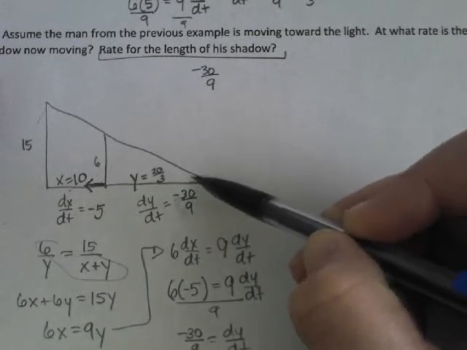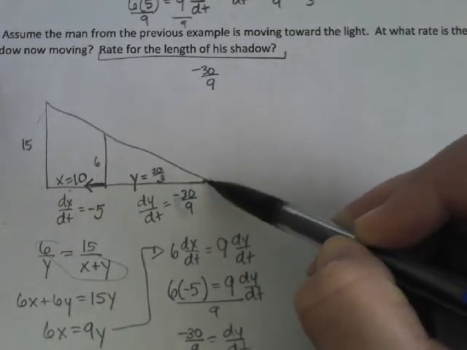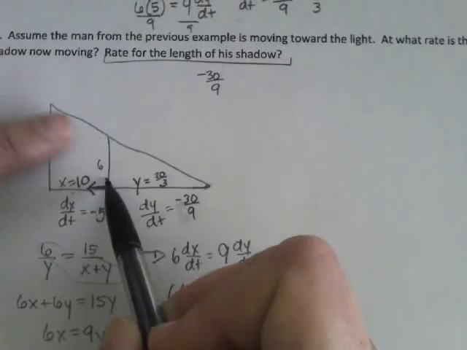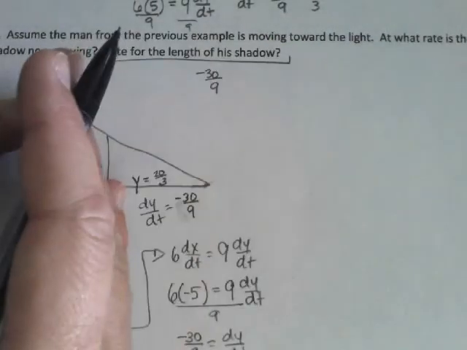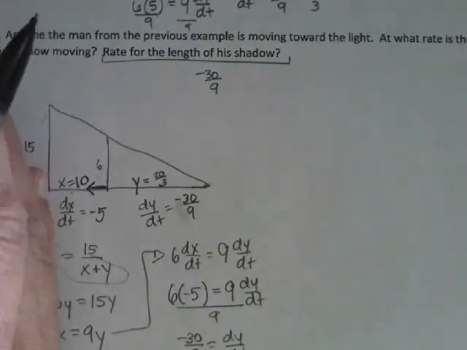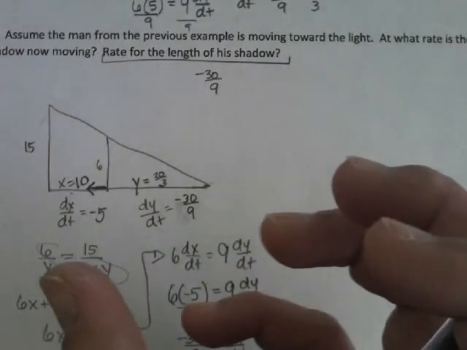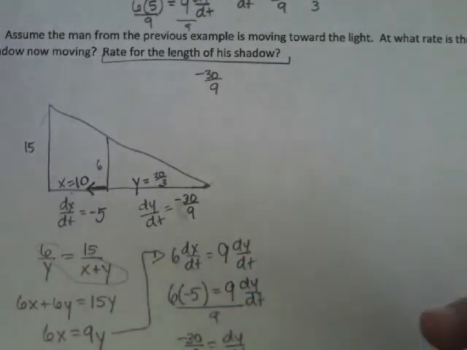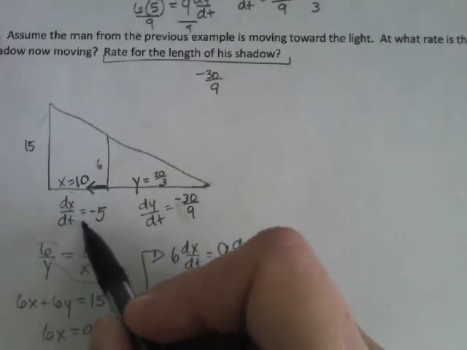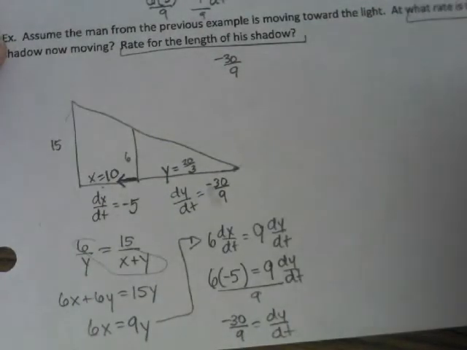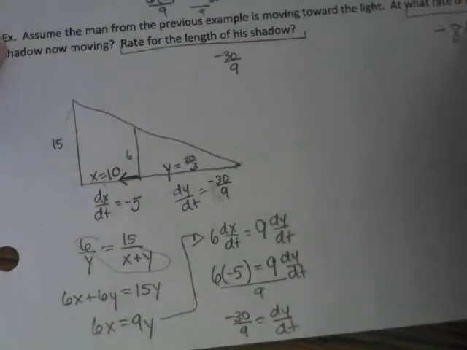It's moving backwards because the guy is walking, and that naturally is bringing the shadow with him. And because he's walking towards the light, it's also shrinking the shadow. So we've got the -5 combined with the -10/3, and it's just going to be -8 1/3 feet per second when you combine -5 and -10/3.